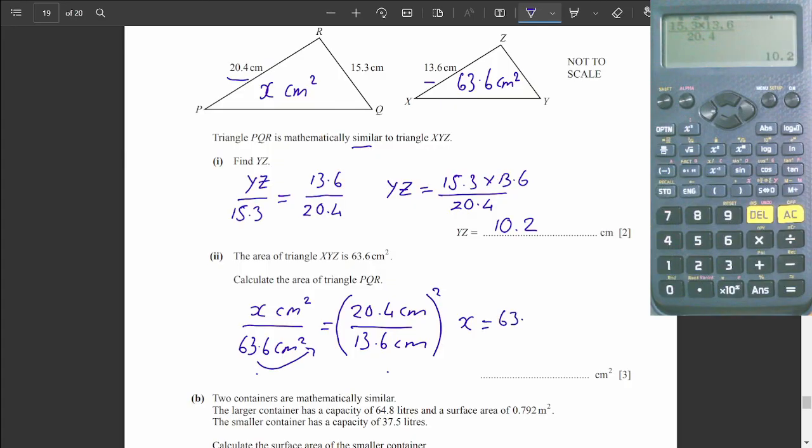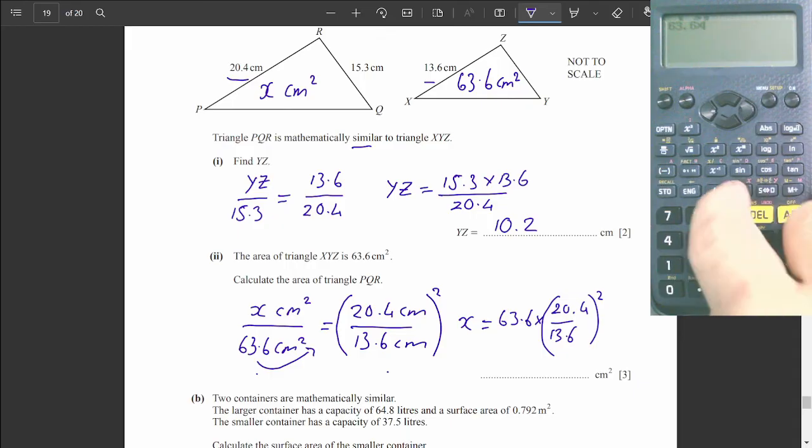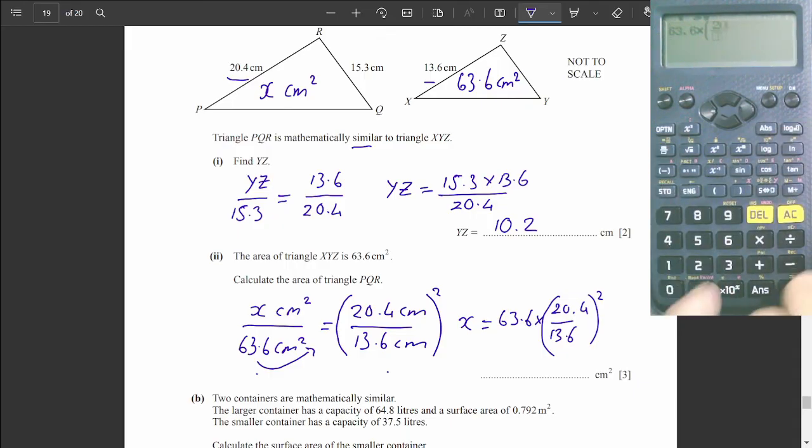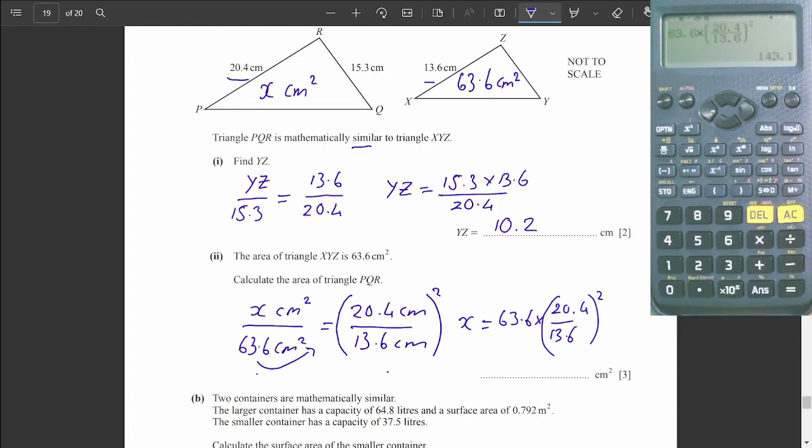So that's 63.6 times the linear scale factor, which we got by dividing this, squared. So let's do that. 63.6 times 20.4 over 13.6 squared. And we get 143.1. Don't round this to 3 significant figures. It's exact. And we have the answer.